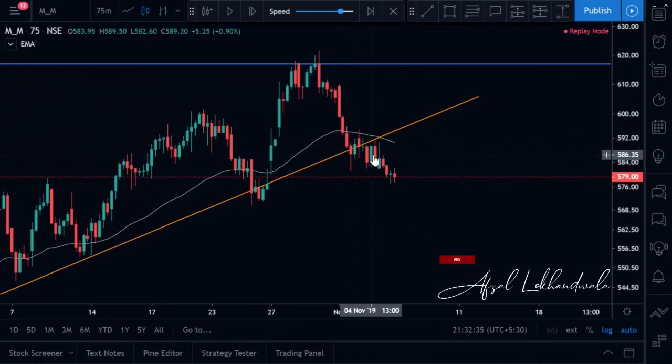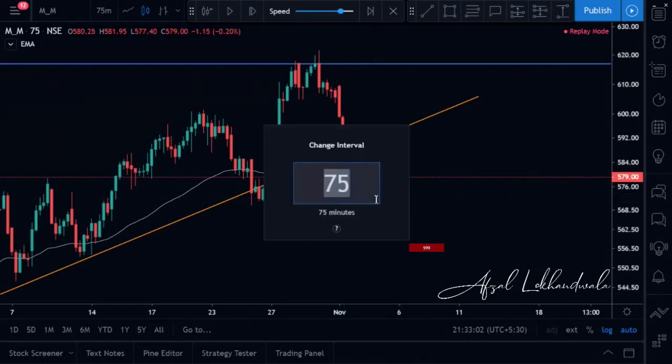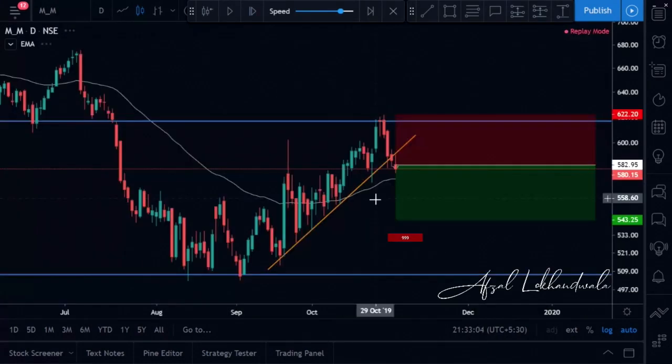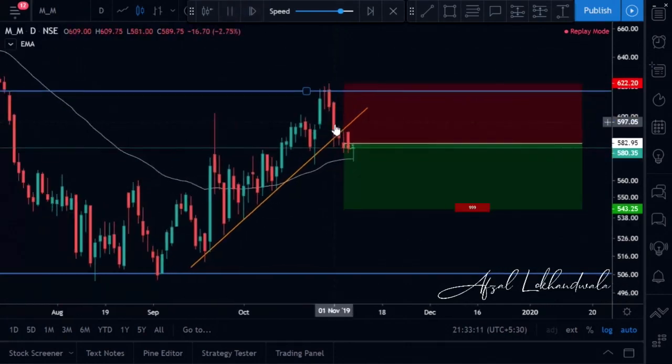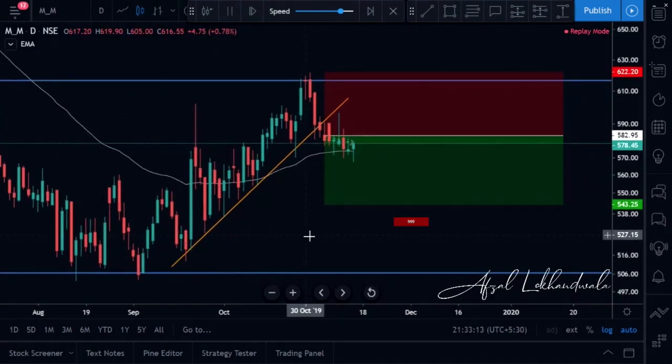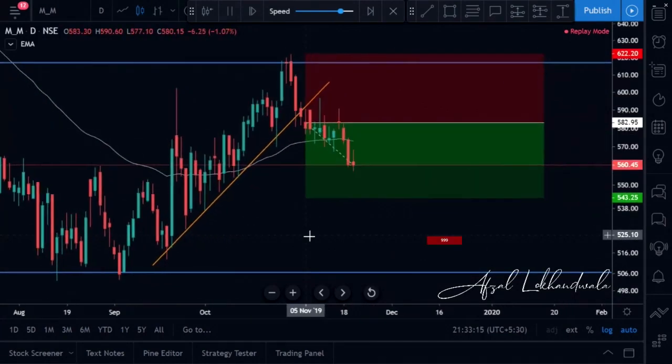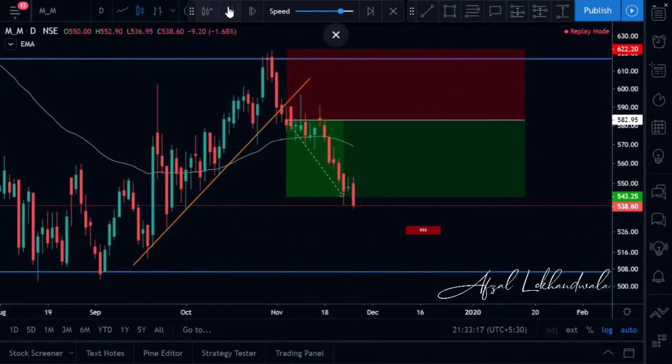So this gives us an additional boost to our analysis that we are indeed weak on this chart. Let us go to the daily again to see how the trade went. Now let me play this trade. See now how the price behaves, and we get the target.